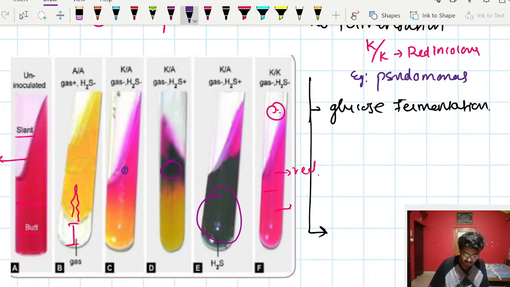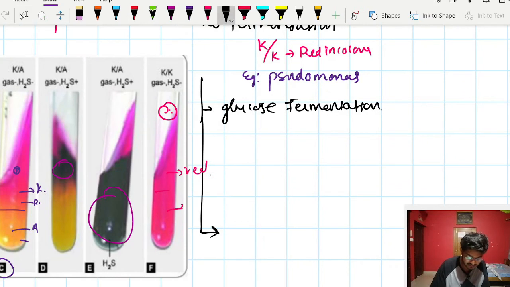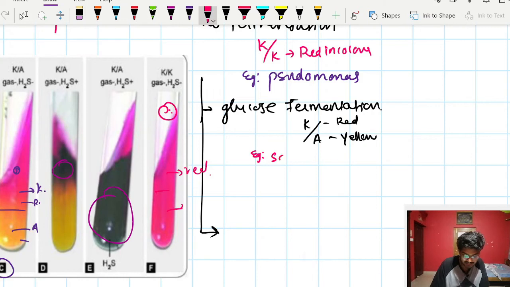The butt will be acidic and the slant will be alkaline. Due to acid production the butt will be yellow in color, and the slant will be red in color. So with glucose fermentation, what we get is an alkaline slant and an acidic butt. Our examples are Salmonella and Shigella.